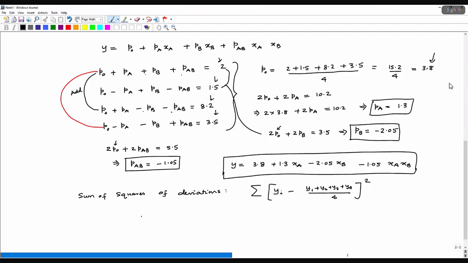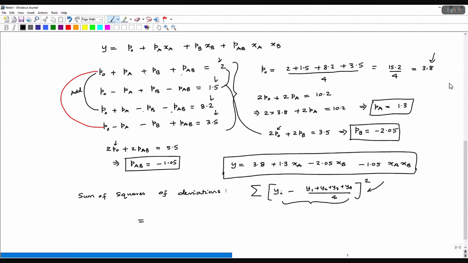Now, I can write this as, so I have, if I rearrange this, okay, I can actually show that the sum of squares of deviation, so I leave it to you as a homework.